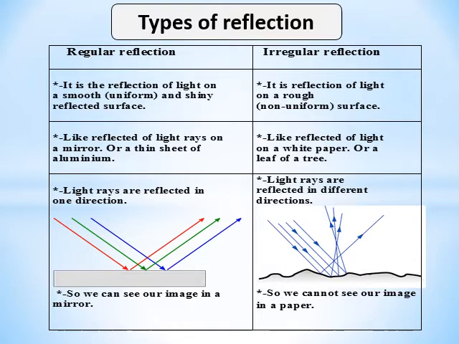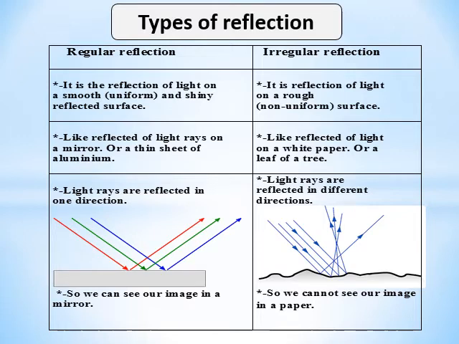What is meant by regular reflection? It is a reflection of light when it falls on a smooth surface. It must be a smooth and shiny surface to reflect all the light rays in one direction.